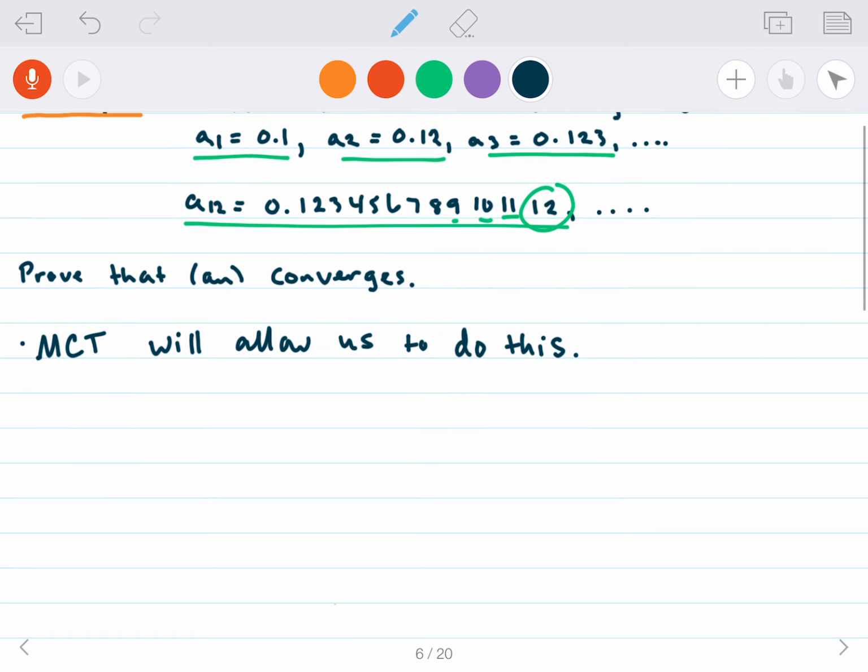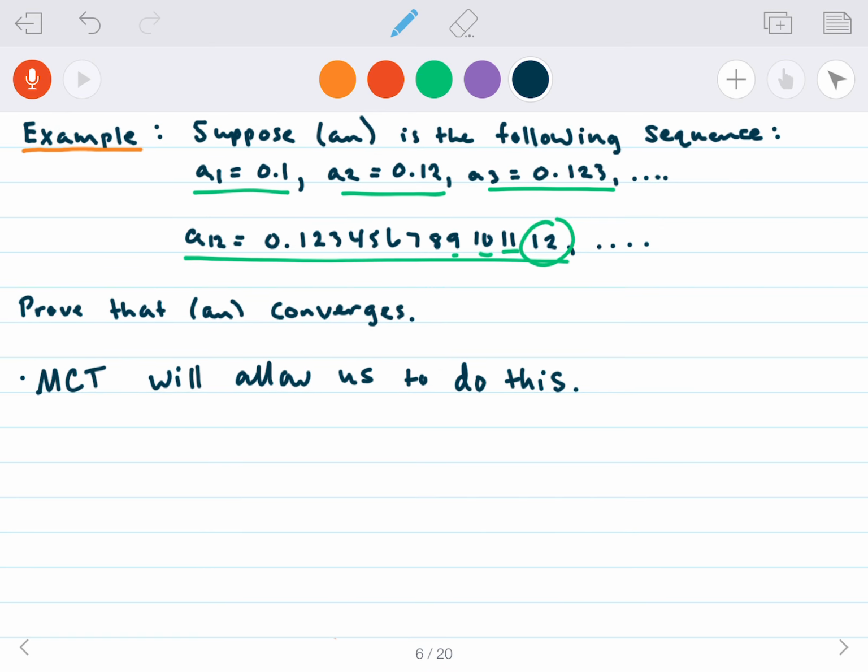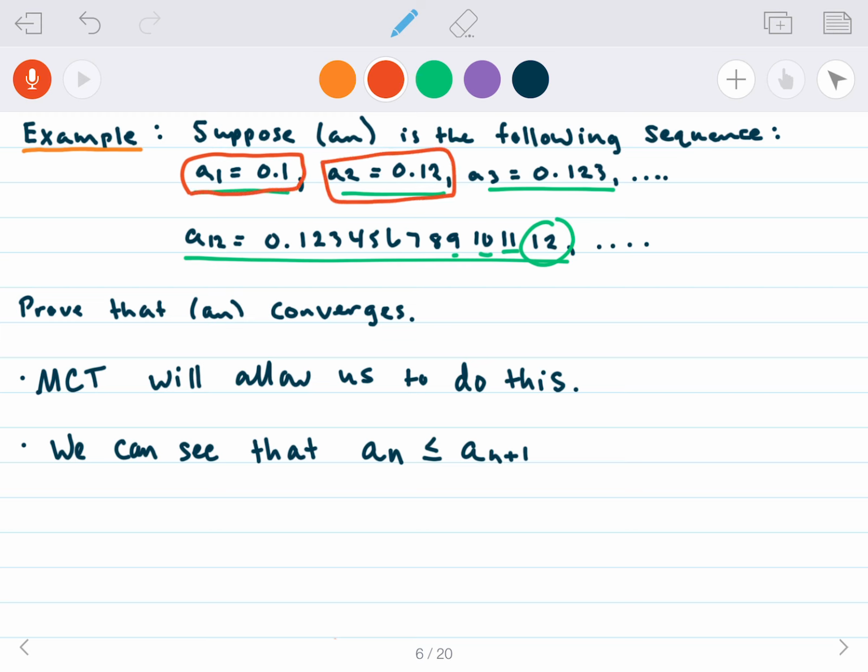So first of all, we can see that a sub n is always going to be less than or equal to a sub n plus 1. So the previous term is always going to be smaller than or equal to the next term, right? Because we're adding on digits onto this decimal. Okay, so that's pretty clear, I think.